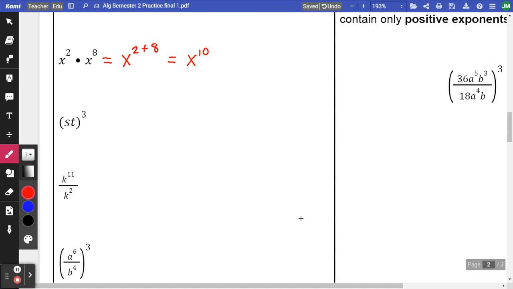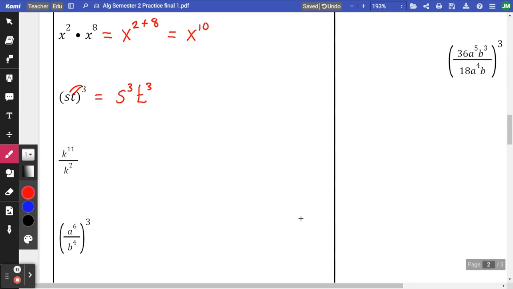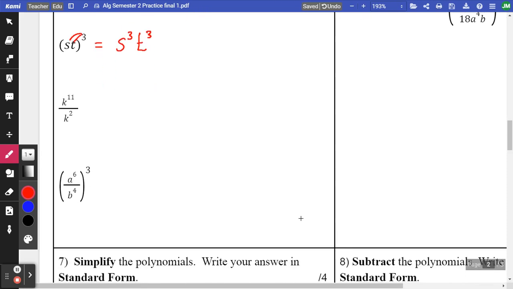And for this next one, if we have variables being raised to the power with parentheses, that means that they can distribute those. So for this one, we have s to the 3rd, t to the 3rd. If we're dividing same variables with exponents, that means we end up subtracting. So k to the 11 minus 2 is equal to k to the 9th.